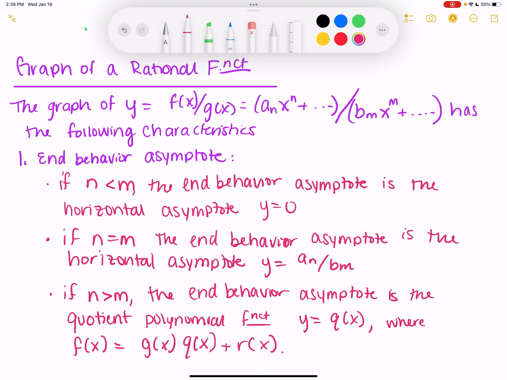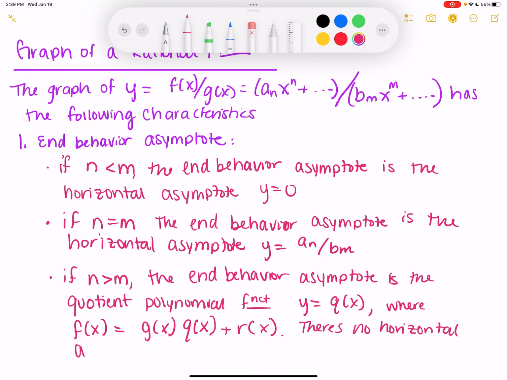So there's no horizontal asymptote. I think the phrase is something like bigger on top, no, there's not.